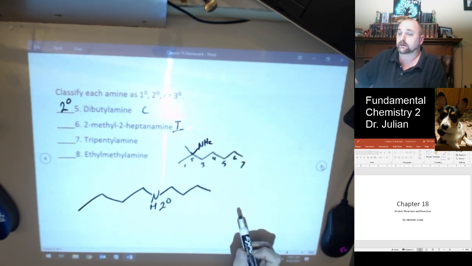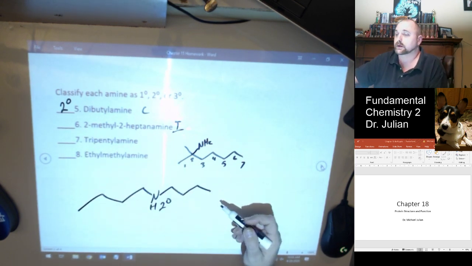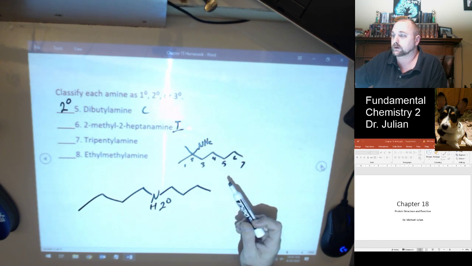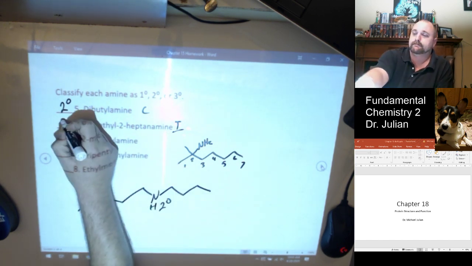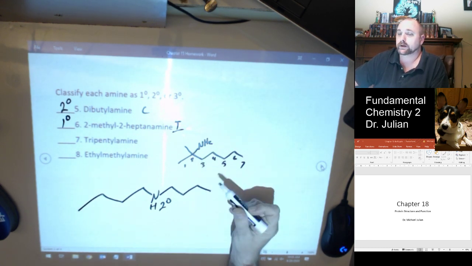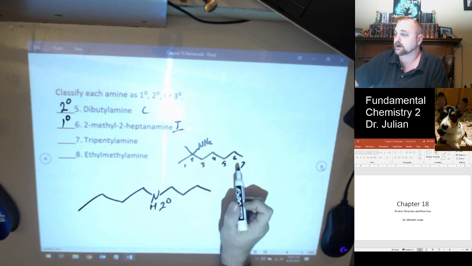Alright, now notice there's nothing that says N. So on this one, that's a primary amine. Even though it's a tertiary carbon, it's a primary amine.